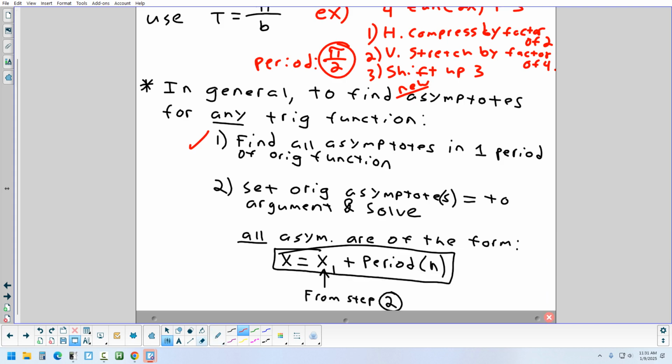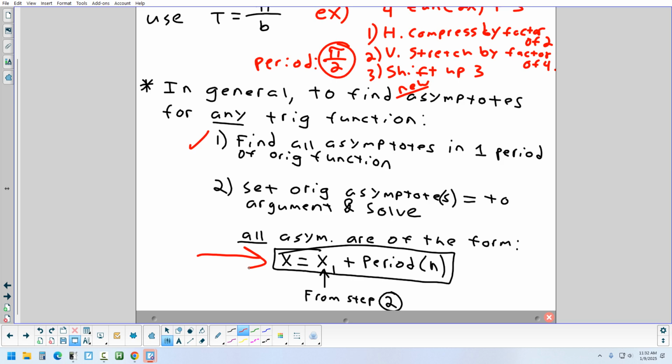And then this is what I already gave you in the table. That's the notation for how you write the new asymptote. It's the new one plus the period times n. Putting plus the period times n is a way of representing that it repeats forever. Since it repeats forever, we can't write every one of them down. There's infinitely many.